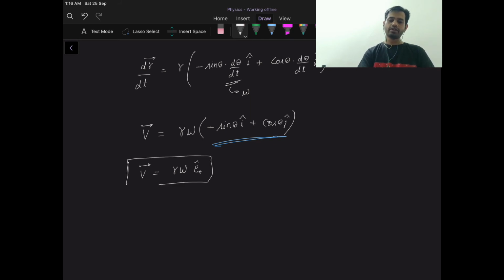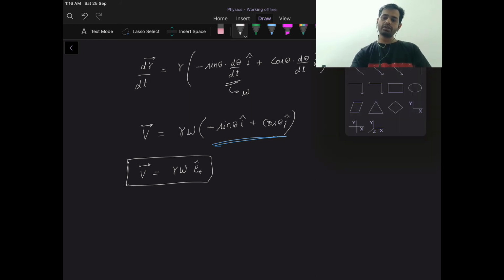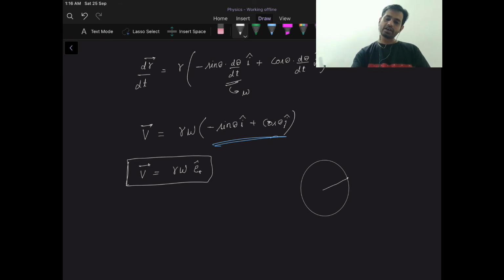This is velocity vector. What does it mean? It means if a particle is moving in the circle, and this is generally r cap, so at this moment, the particle is moving in this direction with the velocity of omega r, right?